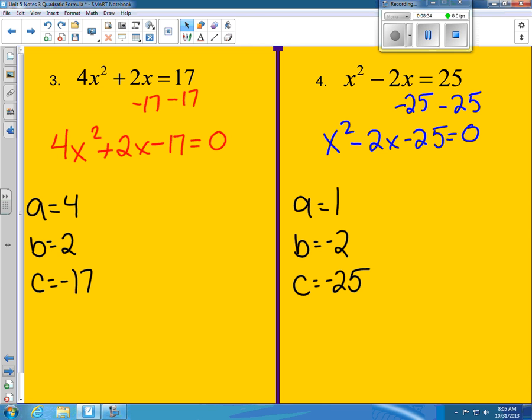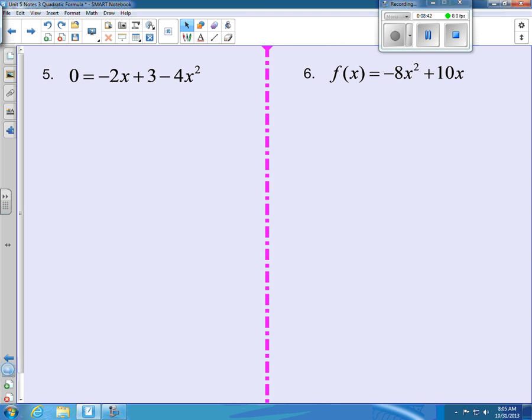Go ahead, I want you to work through both of these problems now that we've got our a, b, and c identified, and bring those back for class tomorrow. Problem 5 is in a funky order, and in problem 6 we only see 2 terms. We're going to do both of those together in class tomorrow. Feel free to try them, but don't feel stressed out if you don't get them.